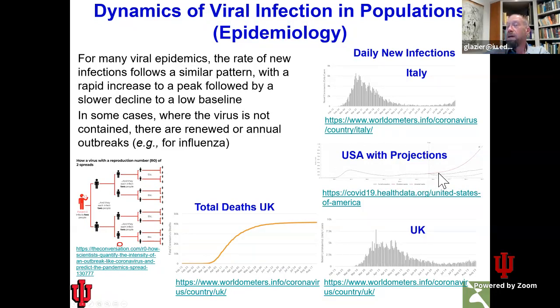And here on the right-hand side of this, you can see projections of what the likely caseload is. This red curve here is what's predicted to happen if people keep going as they are, don't wear masks and don't social distance.